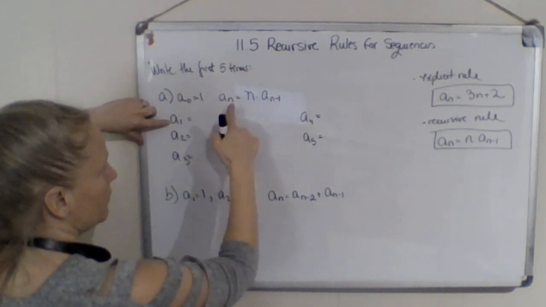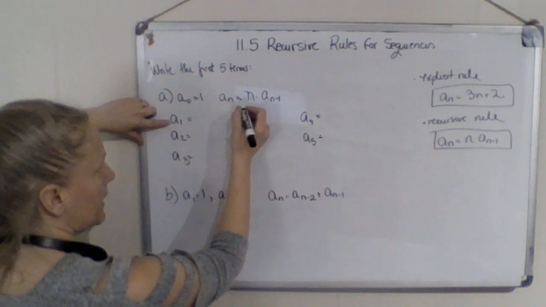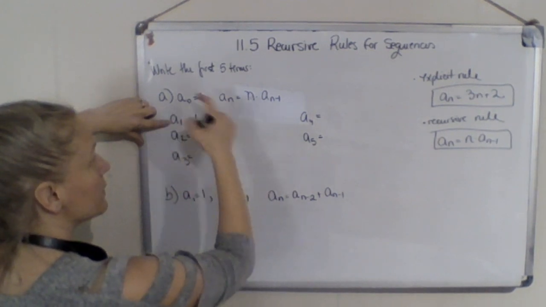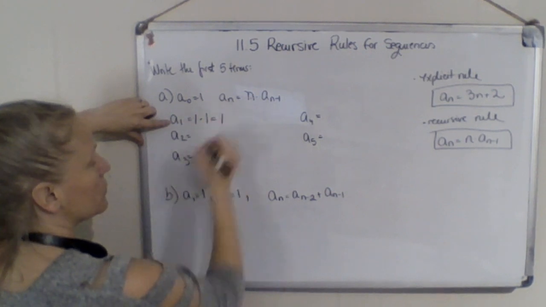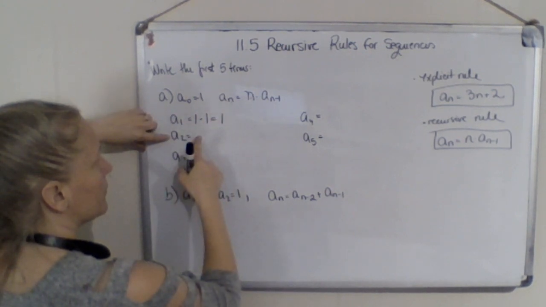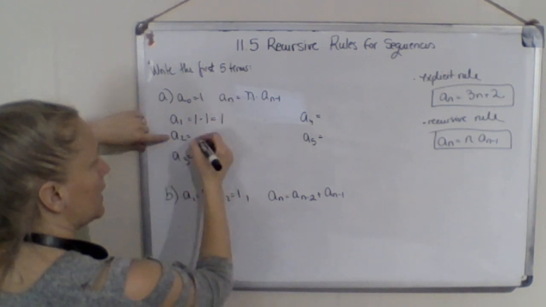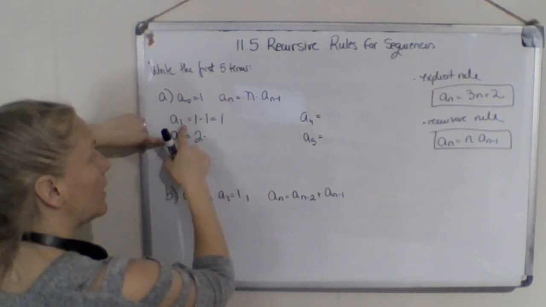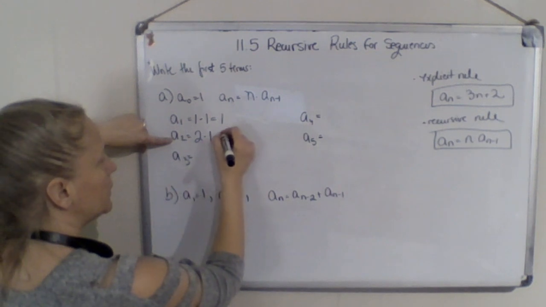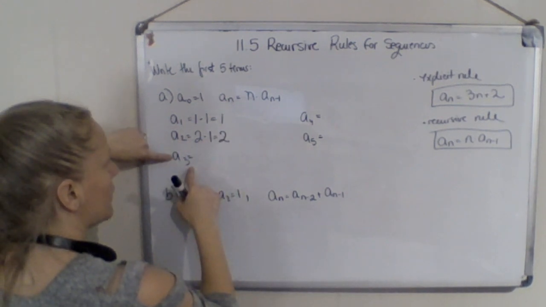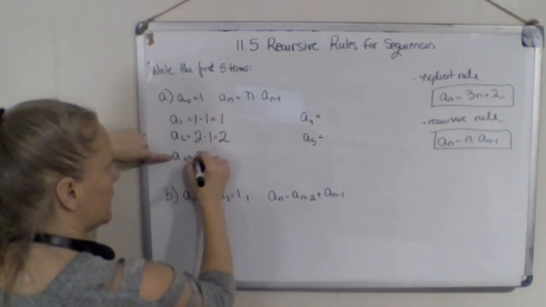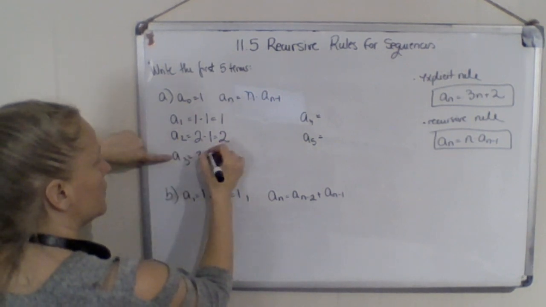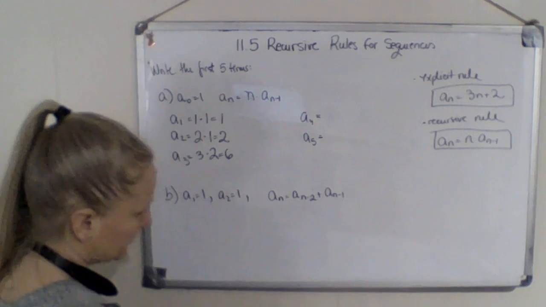a1 equals n, which is 1, notice the same letter, times an minus 1, so a0. I'm looking for a0. 1 times 1, which is 1. a2 is going to be, what is n now? 2 times a1, what's the value of a1? 1, which is 2. a3 is going to be 3, because this is a number, times the value of the term ahead of me, 2, which is 6.